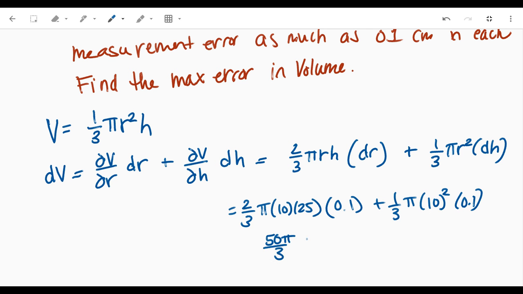Plus 100 times 0.1 would be 10, so 10/3 pi. That should be a plus. And so then we get 60 pi over 3, or 20 pi. We're doing volume, so it'd be centimeters cubed. So again, if those are our measurements, we know our instrument could be off by as much as a millimeter, 0.1 centimeters. Our volume could be off by as much as 20 pi centimeters cubed.